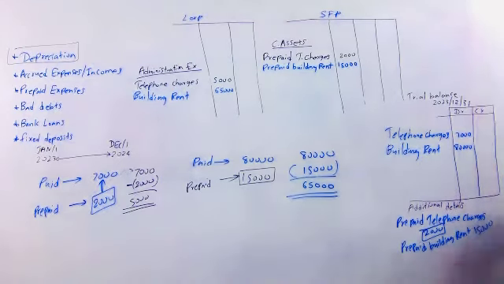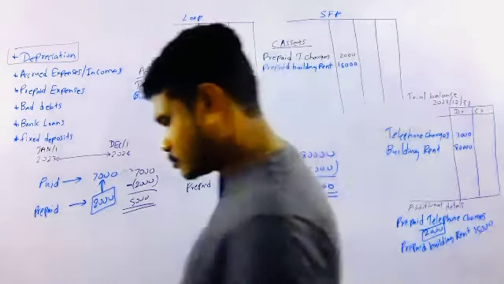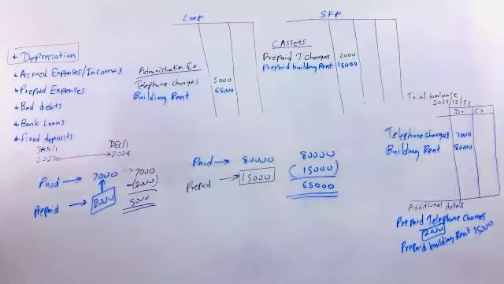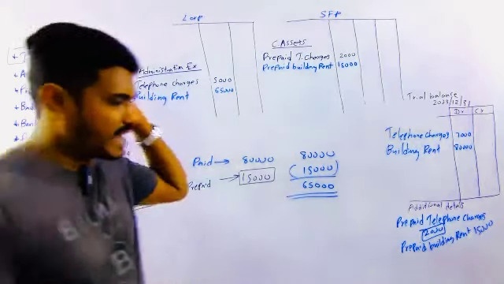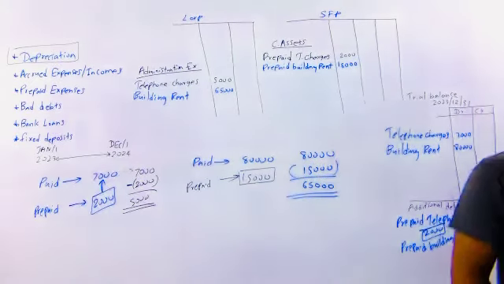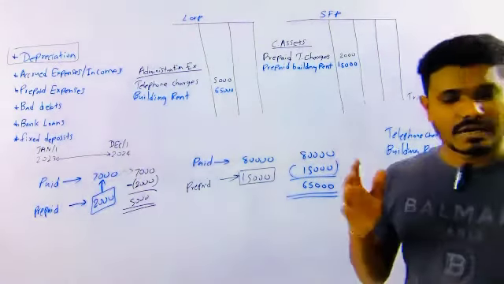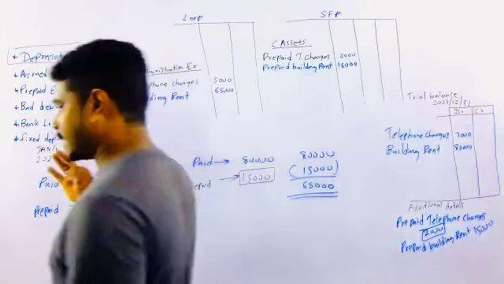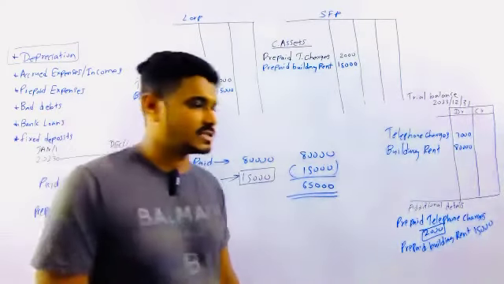Yes, sir. Okay. This is how we input prepaid expenses to the financial statements, both the profit or loss statement and the statement of financial position, right? Now we have entered accrued expenses, accrued incomes, and prepaid expenses, right?